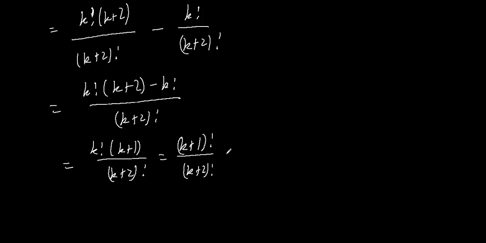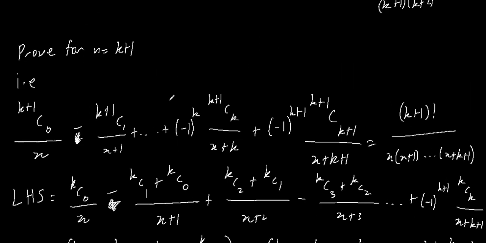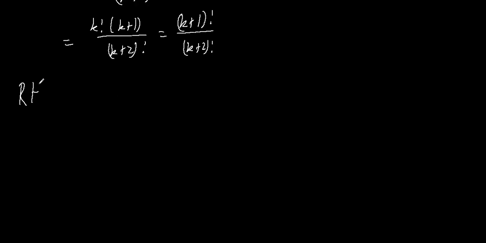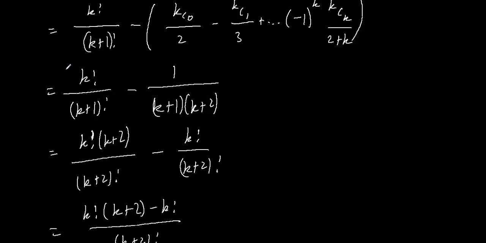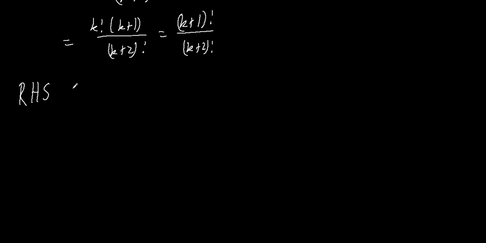Okay, so what can I do with this? Let's see our right-hand side as well. So now I'm proving this. When we let x equal 1, for this case, we end up with k plus 1 factorial over what? If I have the right-hand side, remember we set x equal to 1 for our left-hand side, so we must do so for the right-hand side too.